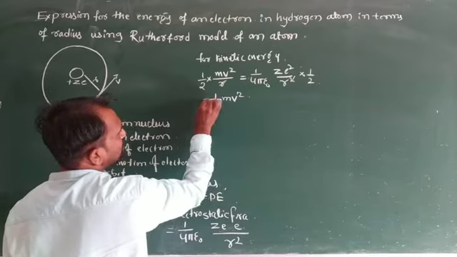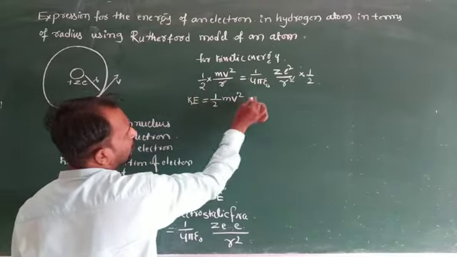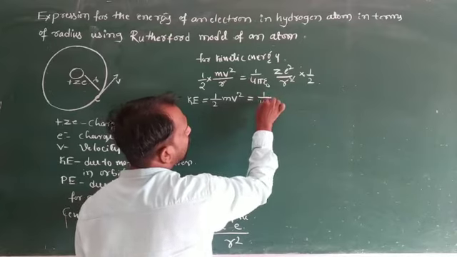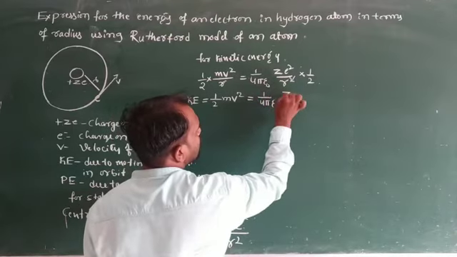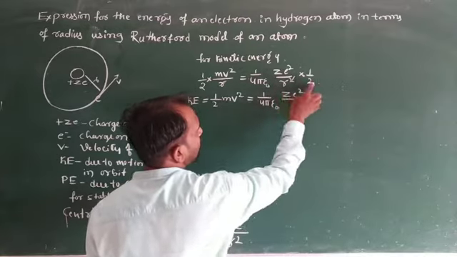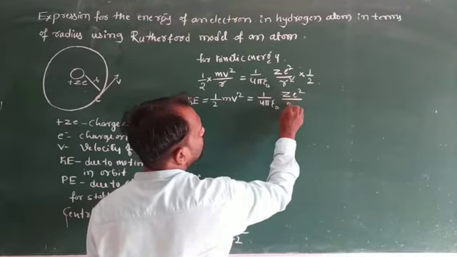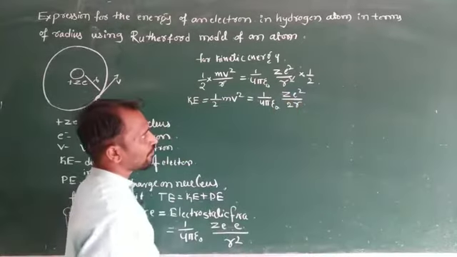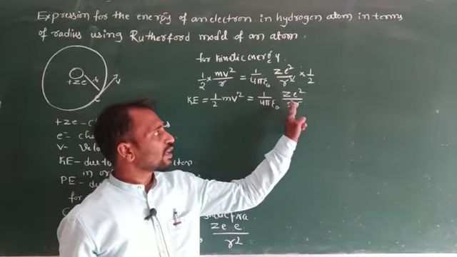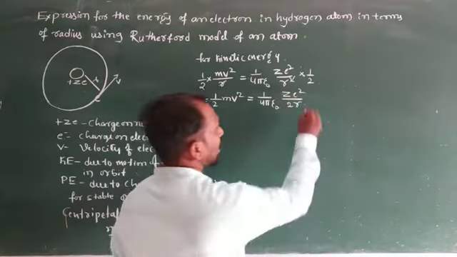So half mv square, which is kinetic energy, is equal to 1 by 4 pi epsilon naught Z E square divided by 2r. So this one is the kinetic energy.